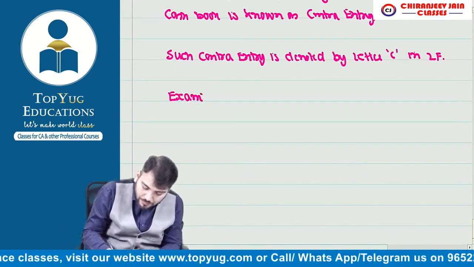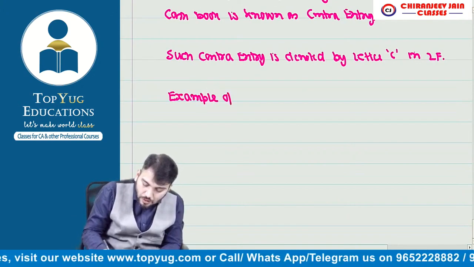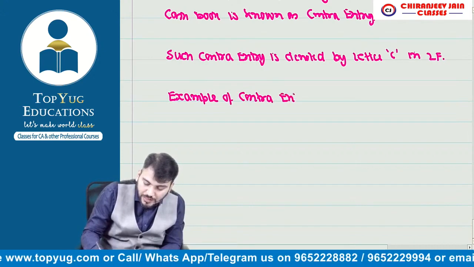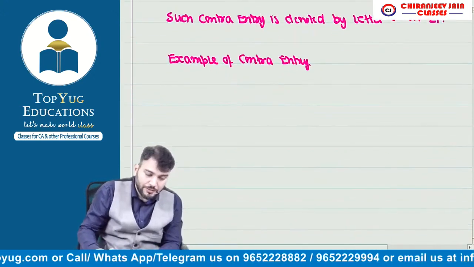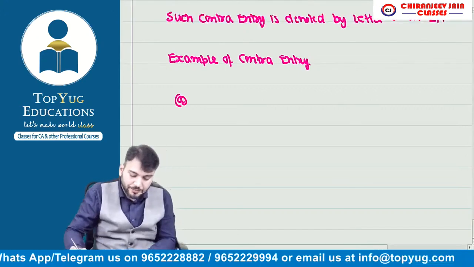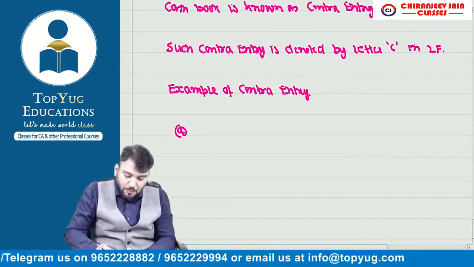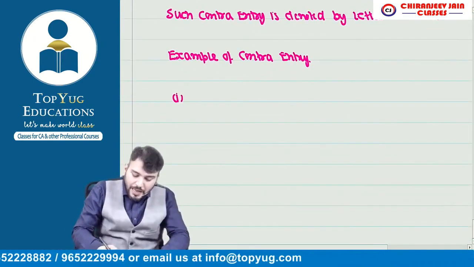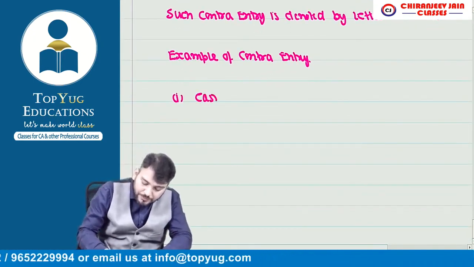Look, examples of contra entry are what? Point number 1: cash deposited into bank.